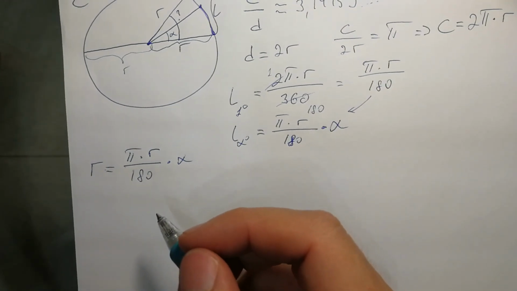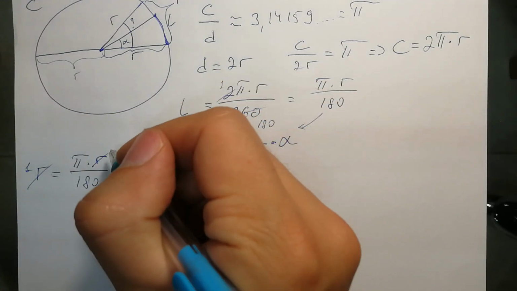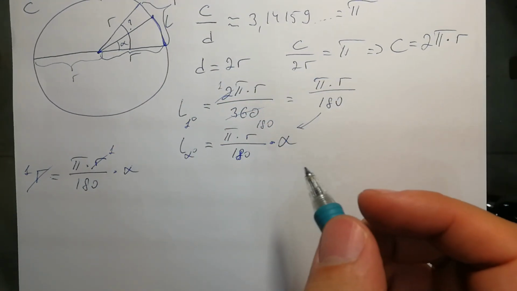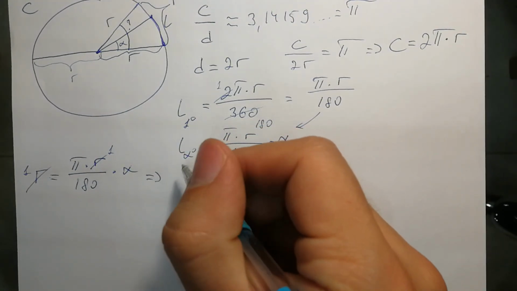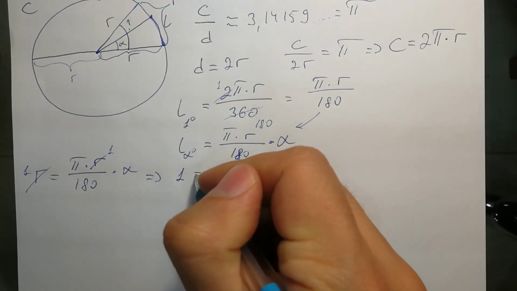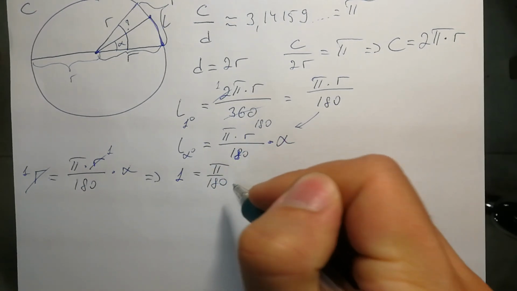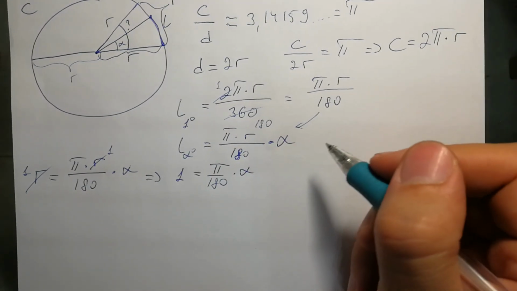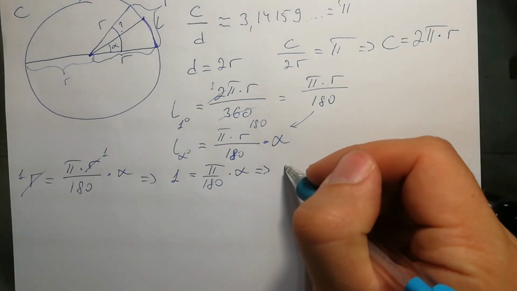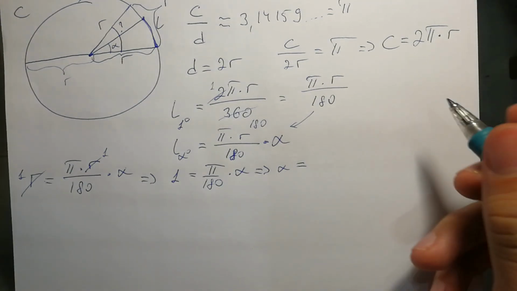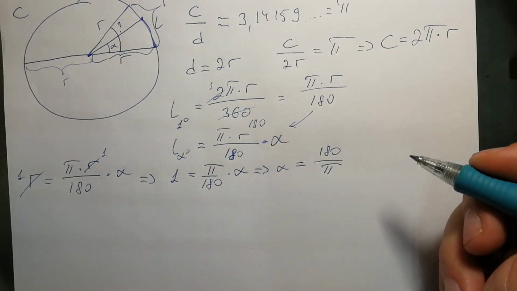And we can see that the radii reduce, here will be 1, here will be 1. We can rewrite it as 1 equals pi divided by 180 multiplied by alpha, and we can rewrite it as alpha equals 180 divided by pi.